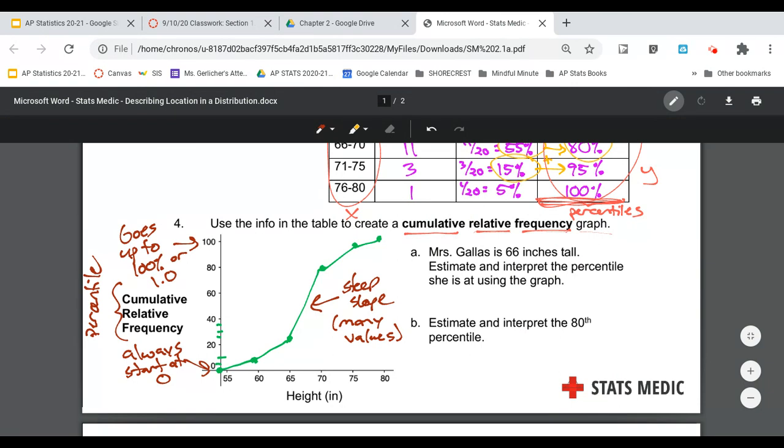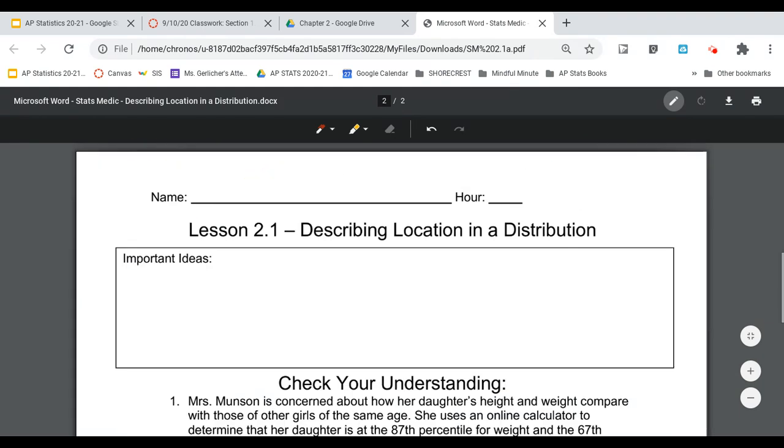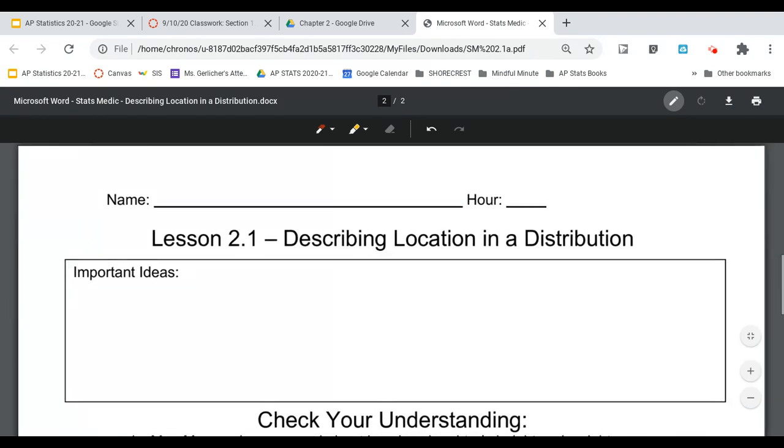Okay, great. So now we are going to do the big ideas, important ideas. The first learning target was around percentiles and what that is.